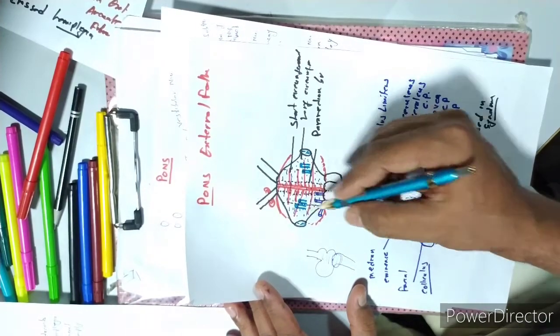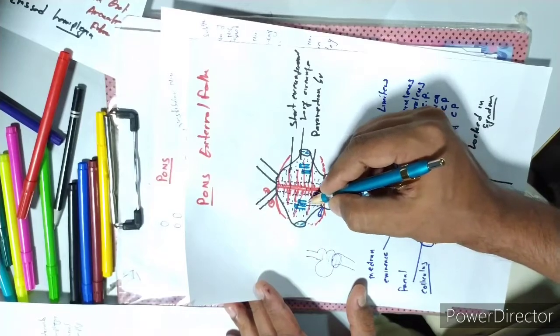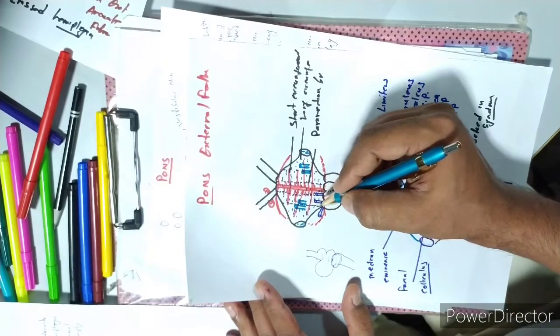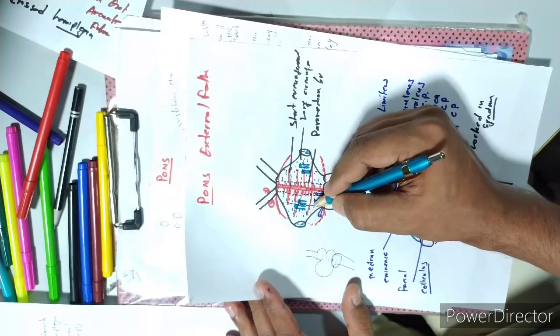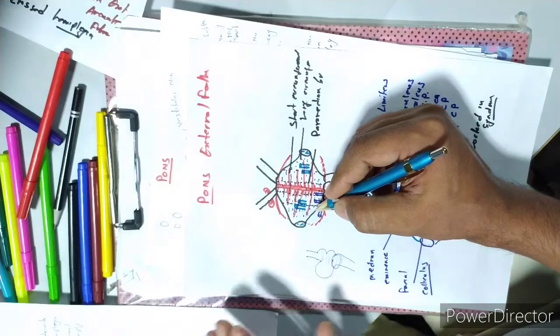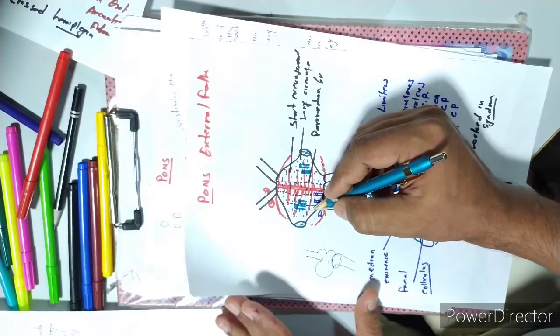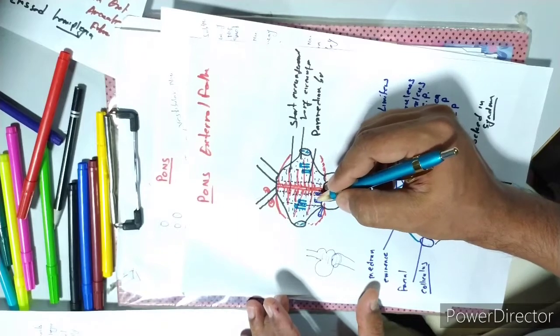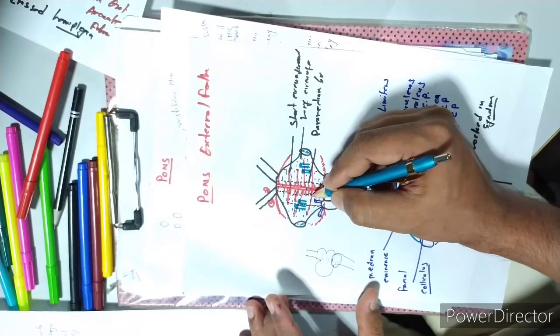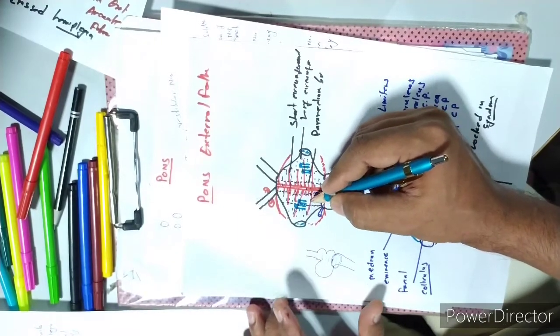Clear? Then there is ipsilateral loss of pain and temperature fibers of the face, due to damage of the trigeminal tract and the trigeminal nucleus present here. So there is ipsilateral loss of pain and temperature of the face and forehead, and a contralateral loss of pain and temperature of the opposite side, due to damage of the spinal lemniscus.